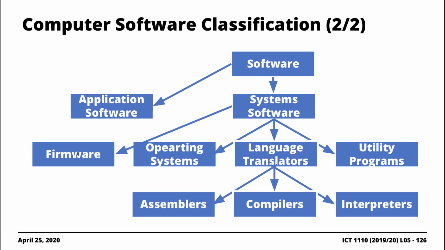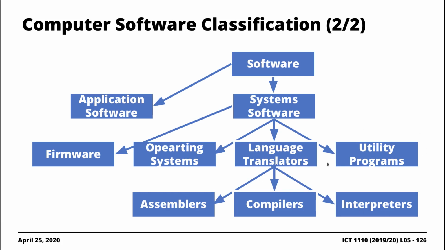We can further subcategorize things like firmware, operating system software, and utility programs, but it's worth mentioning here that if we look at language translators, we can think of the subcategories associated with language translators as being things like assemblers, disassemblers, compilers, decompilers, interpreters, right?